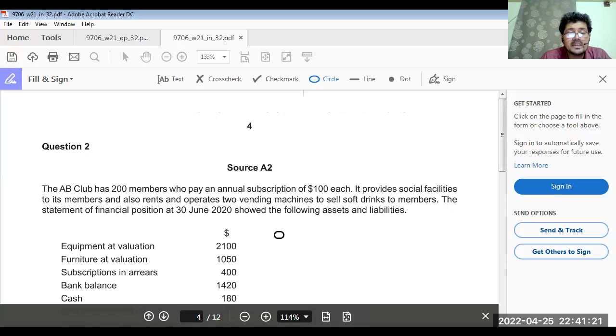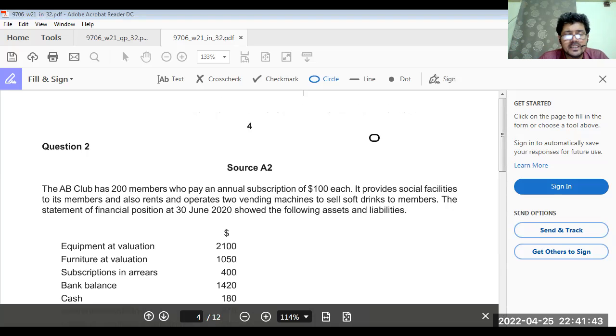AB Club, a non-profit organization, has 200 members who pay an annual subscription of $100 each. It provides social facilities to its members and also rents and operates 2 vending machines to sell soft drinks to members.